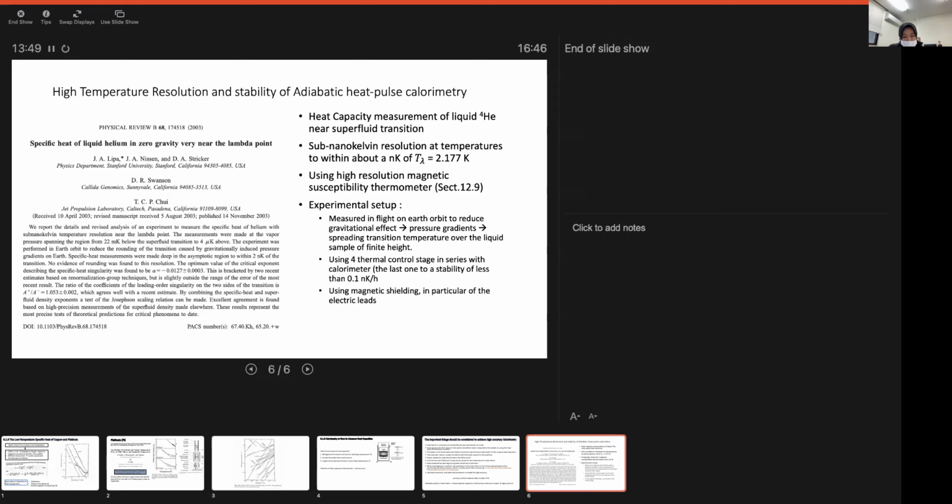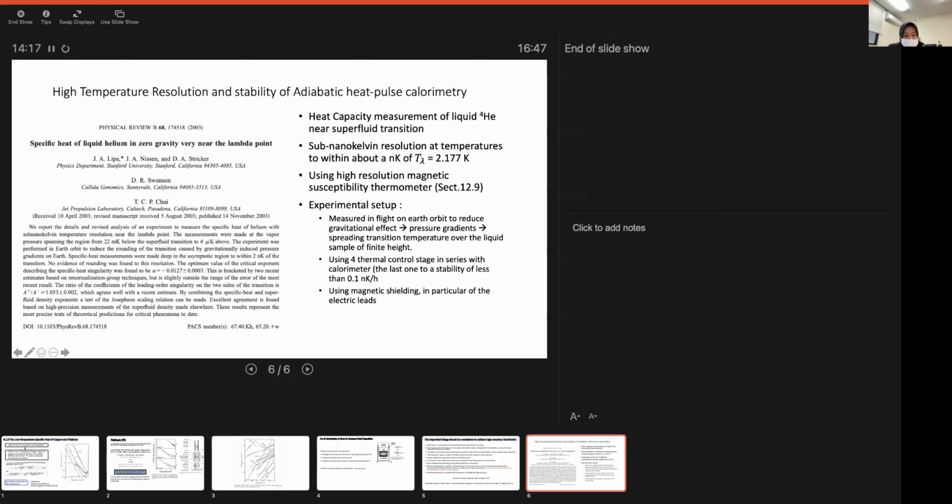They measure on the orbit to reduce the gravitational effect, because gravity will create pressure gradients. The pressure will affect the temperature over the liquid sample at different heights. So they measure on the flight, on the orbit.